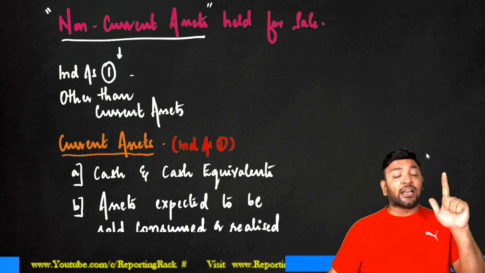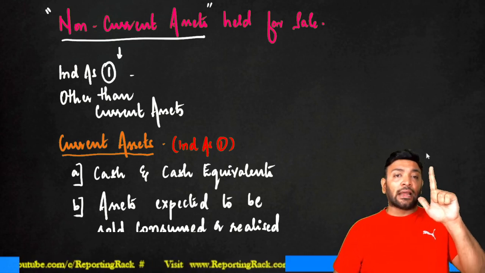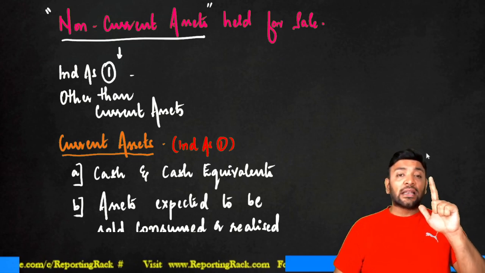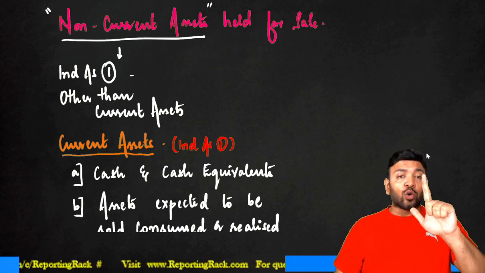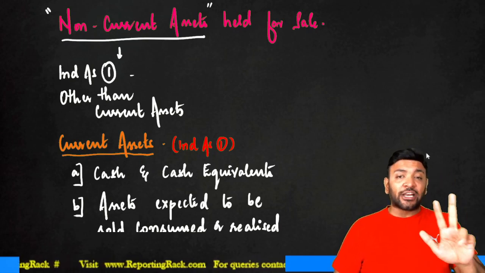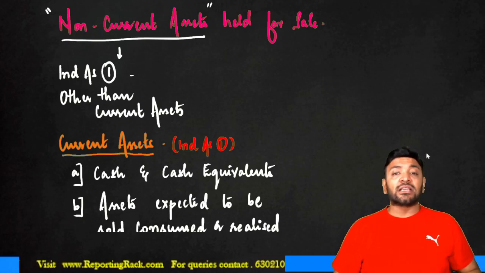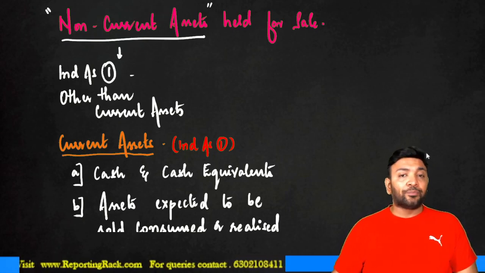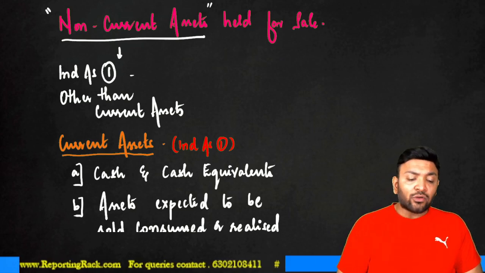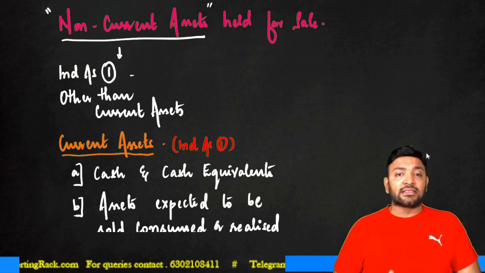Assets expected to be realized, sold or consumed within an operating cycle or within an accounting period, which is not more than 12 months. Third one, assets held primarily for the purpose of trade. That means you directly bought goods with an intention to sell those assets at a later point of time. Now that explains what is a non-current asset, which is other than current asset.